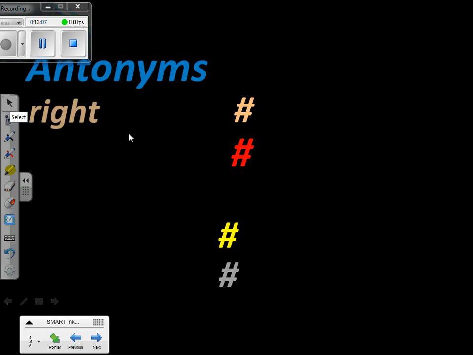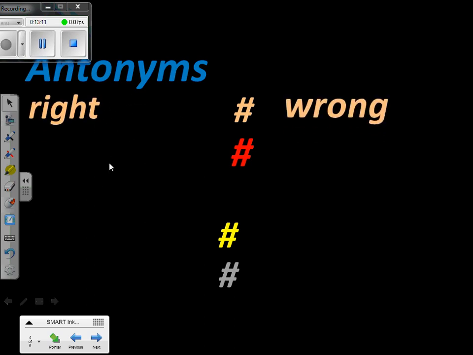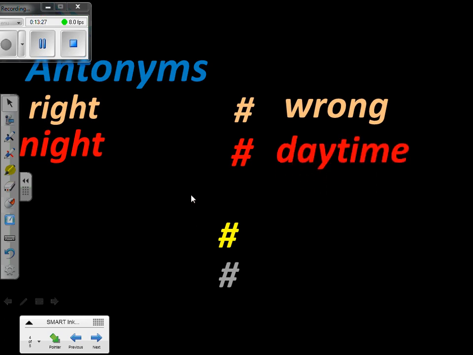Antonyms of right, and it can be left as well. Thank you, Jana. Yes, we have two meanings. Here we mean right is wrong, and right the right side and the left side. Night, daytime.